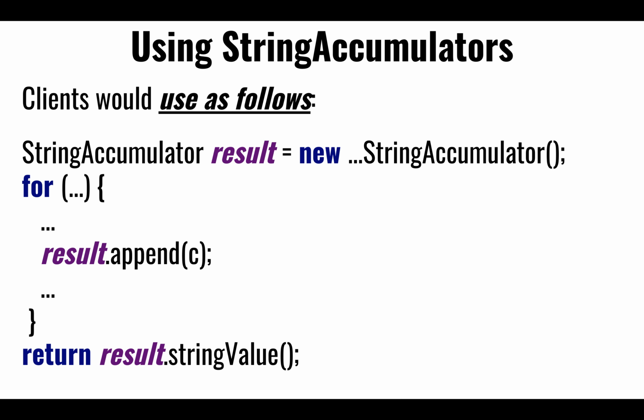Once we instantiate it, we can then, in a tight loop just like before, concatenate and append an additional character, and then get back what the resulting string is. Our first implementation is going to be as bad as the original, but hopefully, as we iterate over that design, we'll improve.